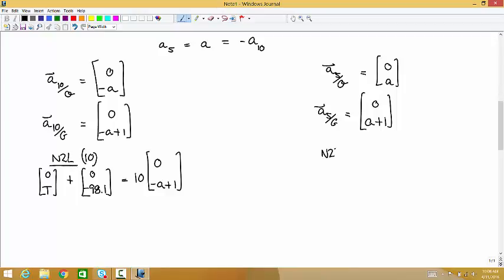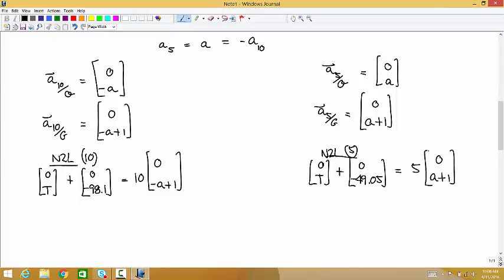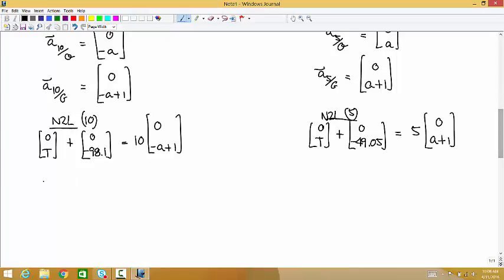Newton's second law for the 5 says 0, T plus 0, negative 49.05 is equal to 5 times 0, positive A plus 1. And so now you have a system of two equations, two variables.